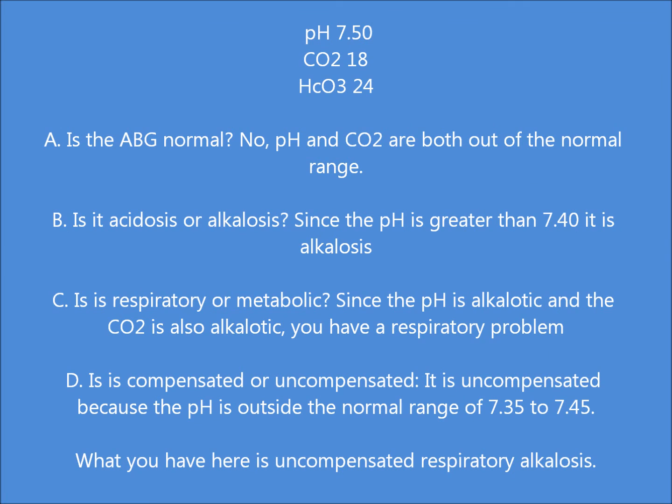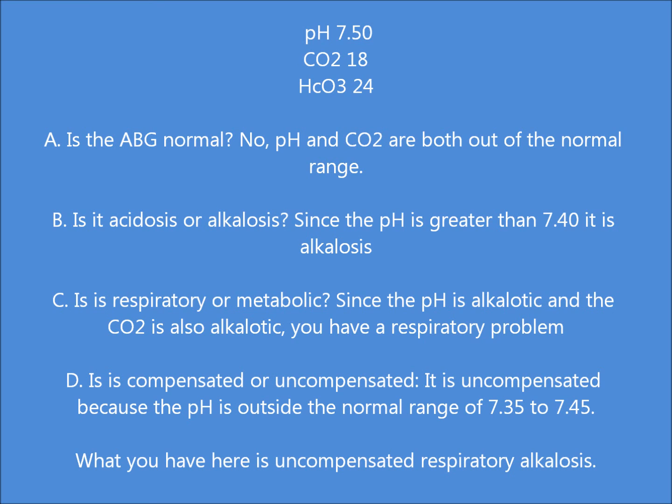For the last example, we have a pH of 7.50, a CO2 of 18, an HCO3 of 24. Is the ABG normal? No. The pH and CO2 are both out of normal range. Is it acidotic or alkalotic?